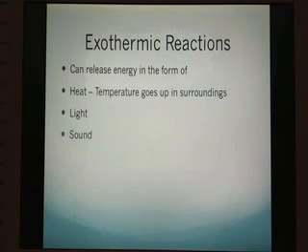This release in energy can be in the form of heat. And if an exothermic reaction gives off heat, you will be able to measure an increase in the temperature in the surroundings. But not only heat is a form of energy that can be given off, but light could be given off by the chemical reaction or sound.